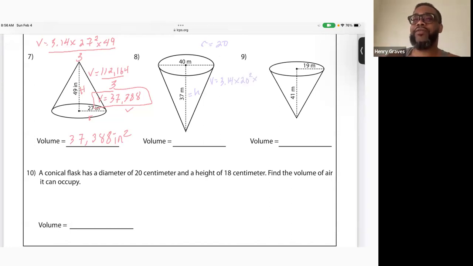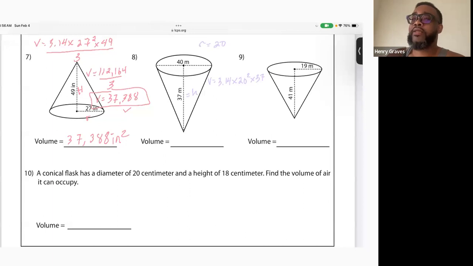I can slide it over. Sweet. Gives me a little bit more space. Divided by 3.